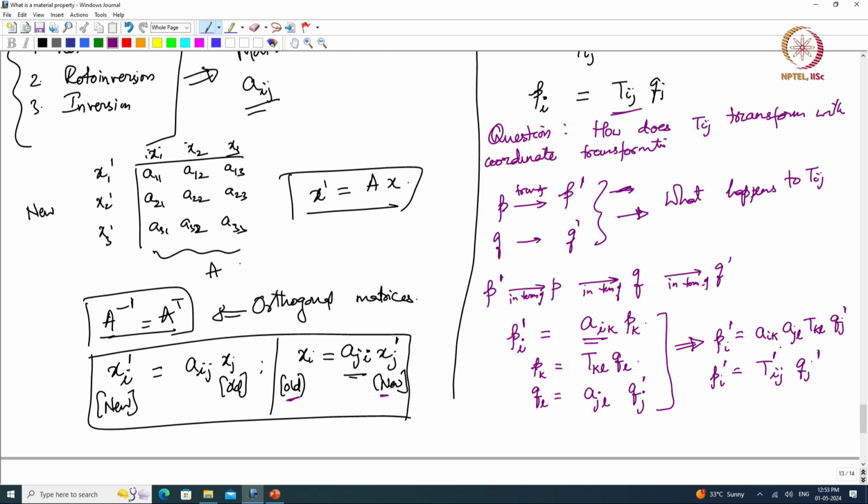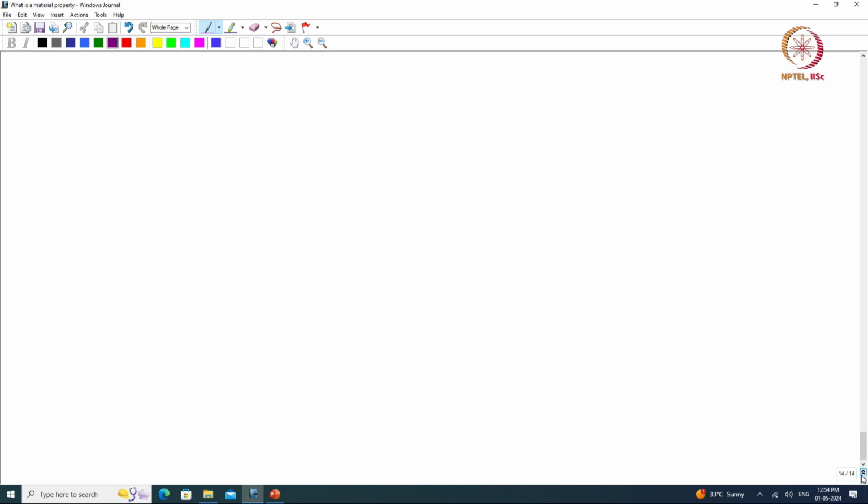So, in that sense, if I am looking at this equation and this equation, it just means that Tij dash is nothing but Aik Ajl Tkl. In other words, my tensor T, this is the transformed tensor.